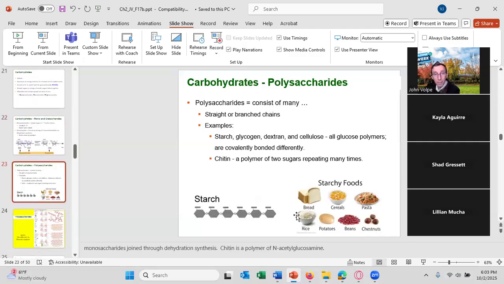All right. A polysaccharide consists of many monosaccharides. The chain can be straight or branched. A starch is mostly, not entirely, but mostly a straight chain of glucose hooked together one after another.